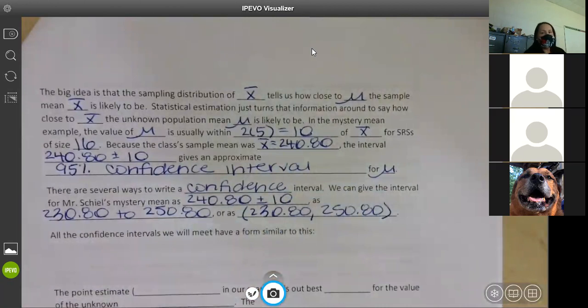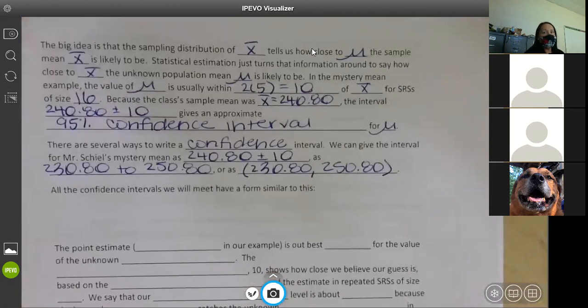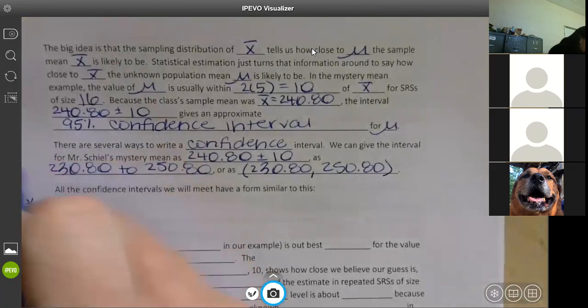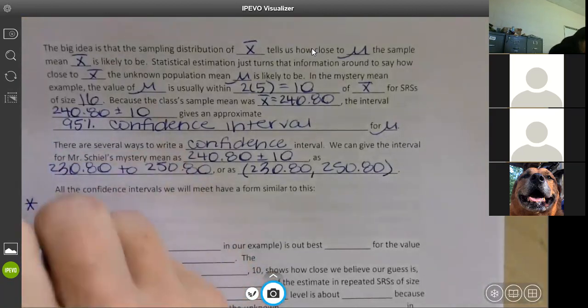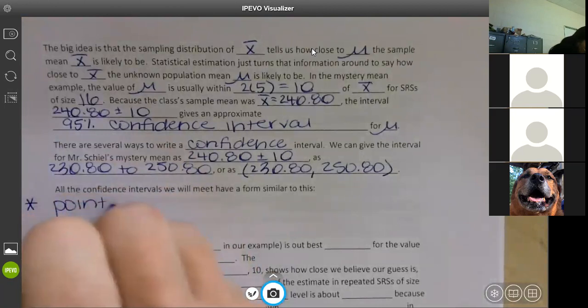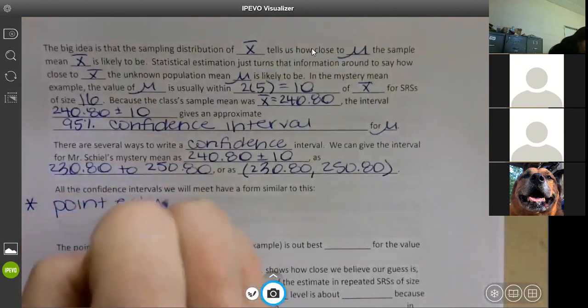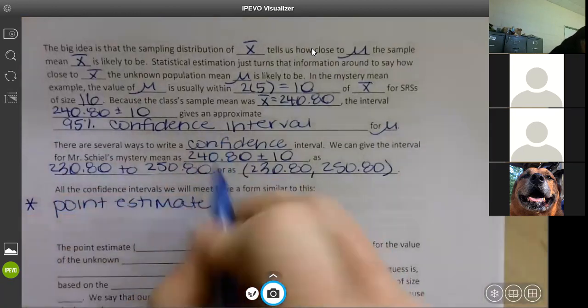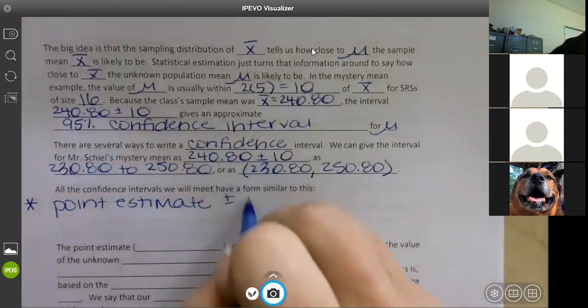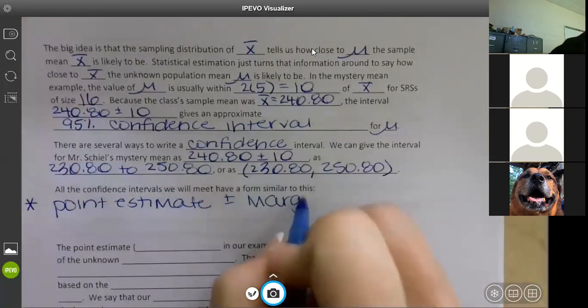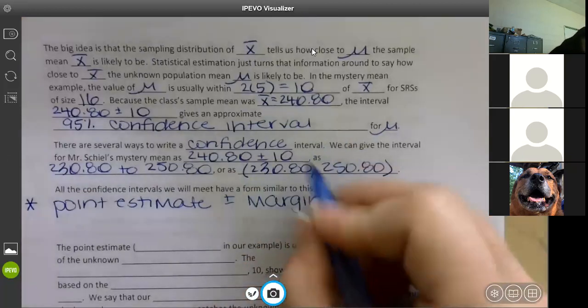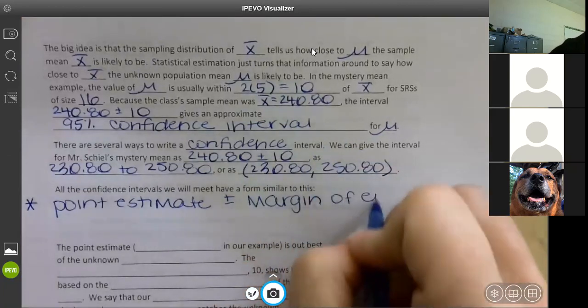So all confidence intervals will meet a form similar to this. You need to know this. It's going to be the point estimate plus or minus the margin of error.